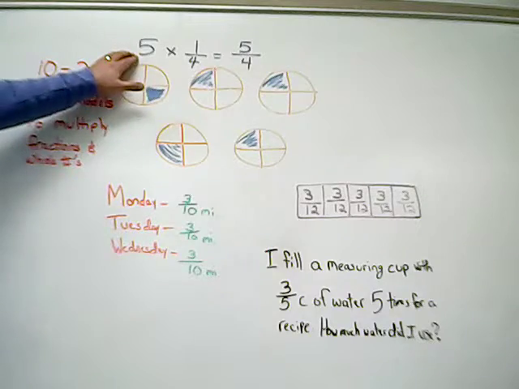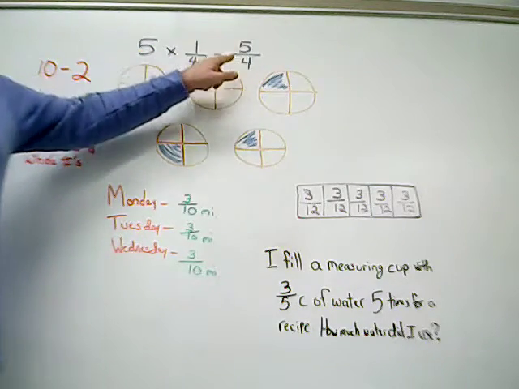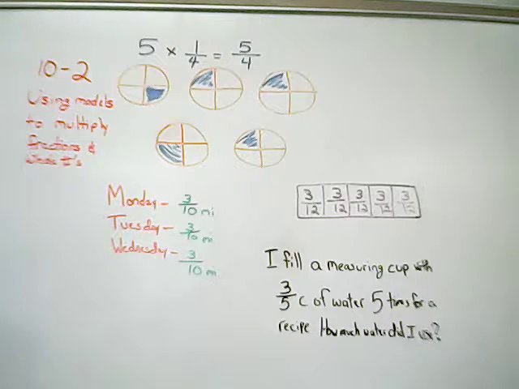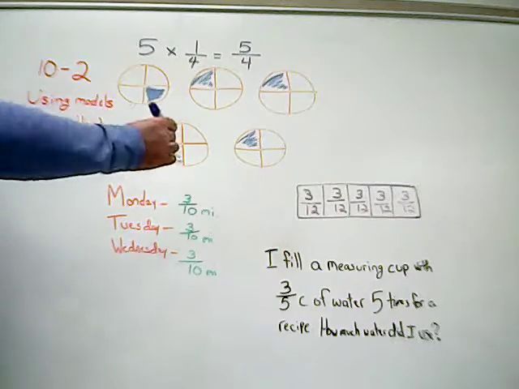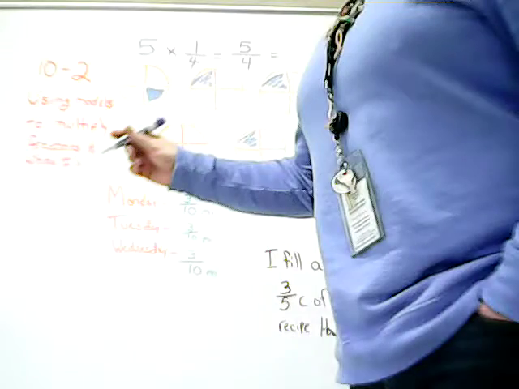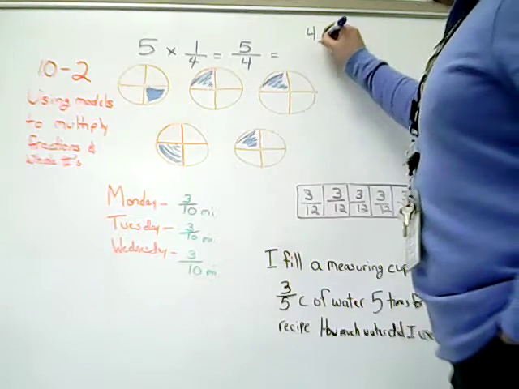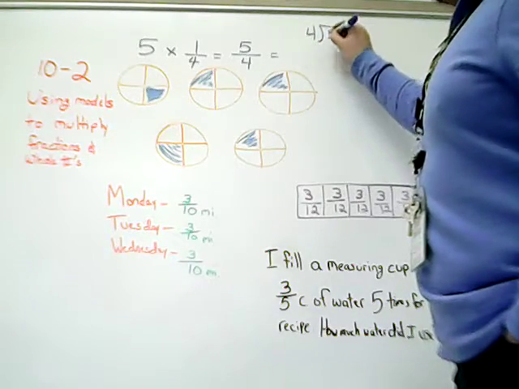So I had 5 groups times 1/4 in each group, and my new fraction is 5/4. I can't leave it as 5/4, so I would like to change that into a mixed number. What I can do is some very quick division. I'm going to ask myself, how many times can 4 go into 5?